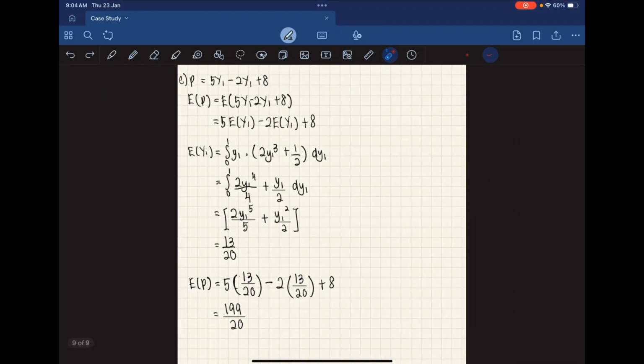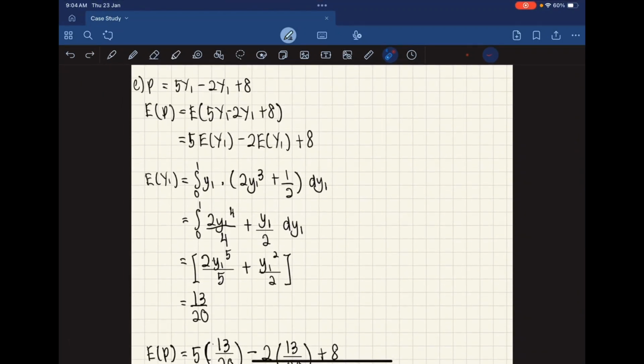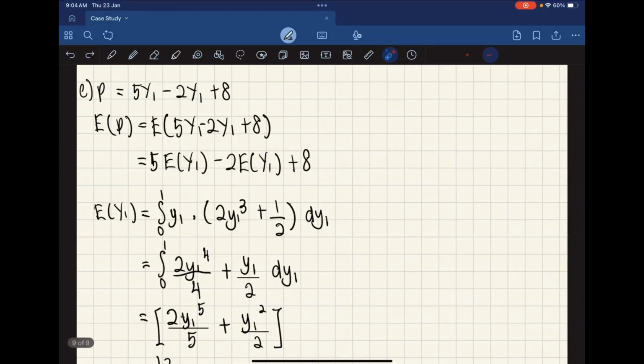And the last question is find the mean of P equal to 5y1 minus 2y1 plus 8. To find the mean, we need to put the E at the beginning. So E of P equal to E of 5y1 minus 2y1 plus 8. So equal to 5 E of y1 minus 2 E of y1 plus 8.